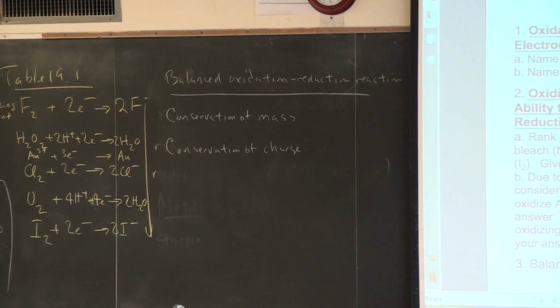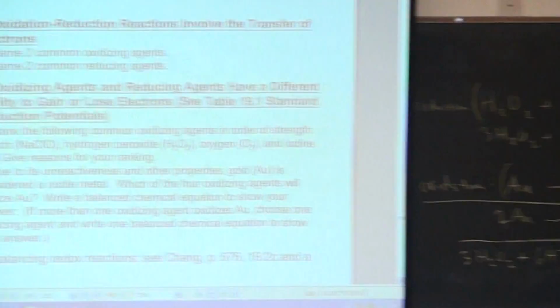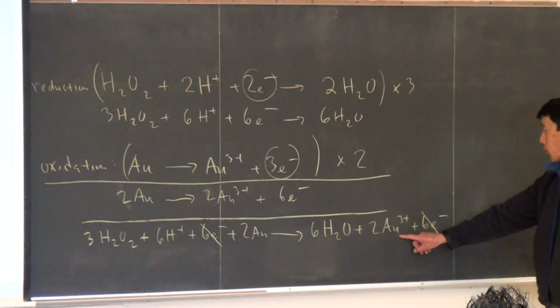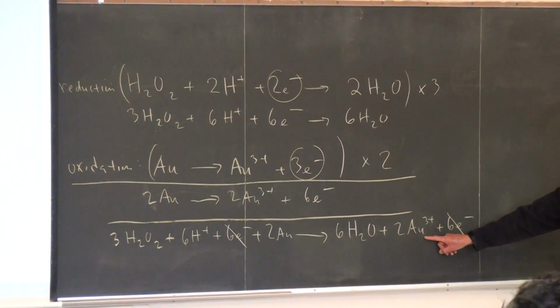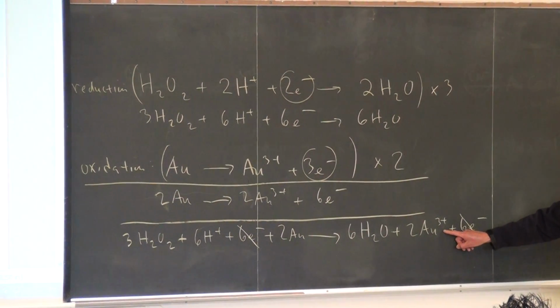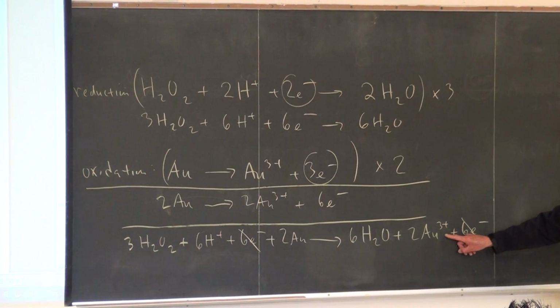Conservation of charge says the charge on each side of the equation must be the same. On the reactant side the only charged substance is these 6 protons, so a charge of +6. Then we have 2 Au3+ ions, so 2 times 3 is 6, so conservation of charge is obeyed too.